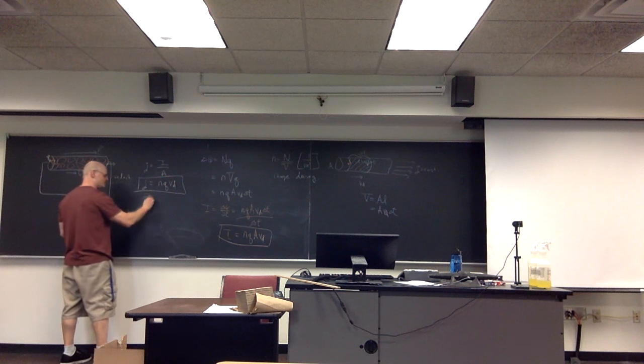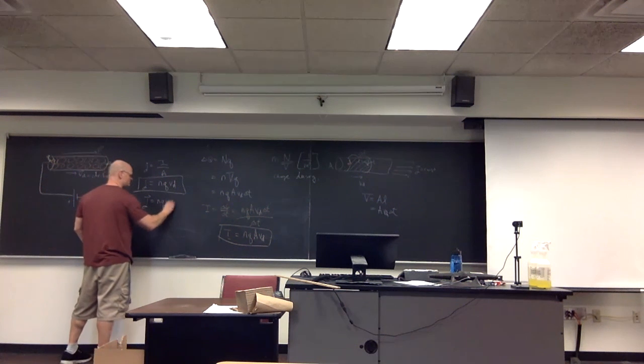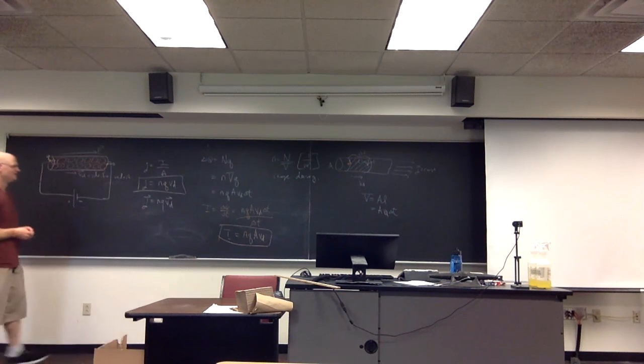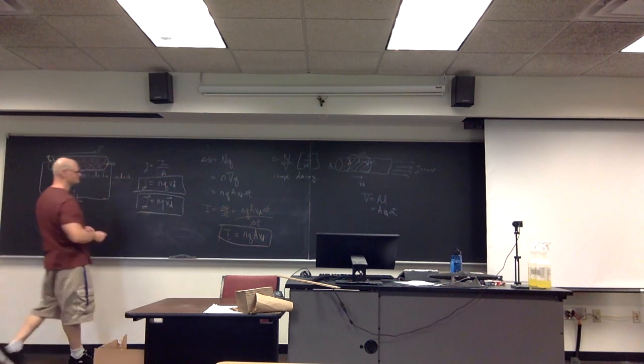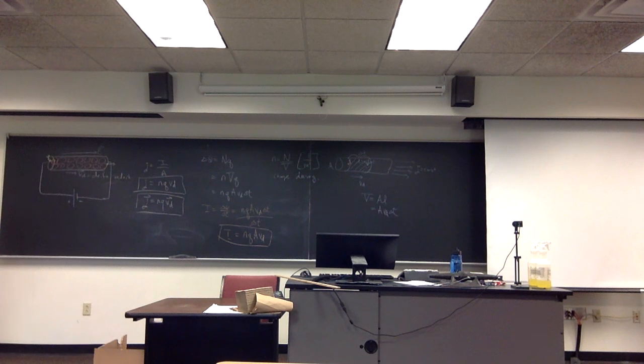Or written as a vector, this is equal to the charge times the charge density times the drift velocity written as a vector. So this is our vectorial quantity. The current density is directly related to the drift velocity, and the current is also directly related to the drift velocity.